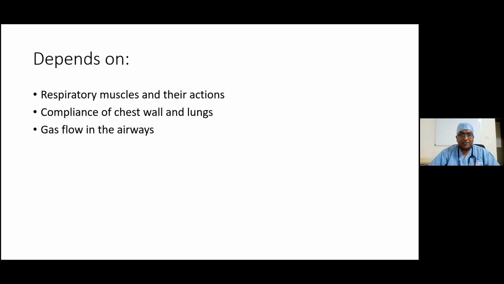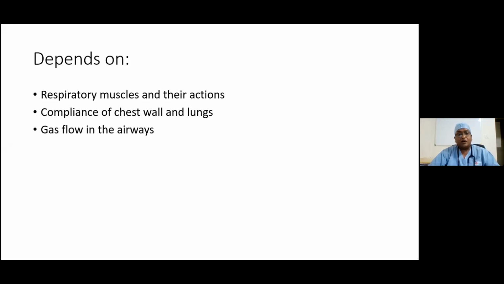So this process depends on three things. One, the respiratory muscles and their actions, the compliance of the chest wall and lung, and the way the gas flows in the airway. So we have to keep in mind these three aspects, and our entire discussion this evening is going to be around these three aspects of respiratory mechanics.